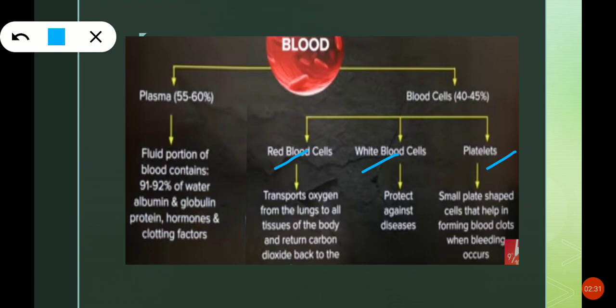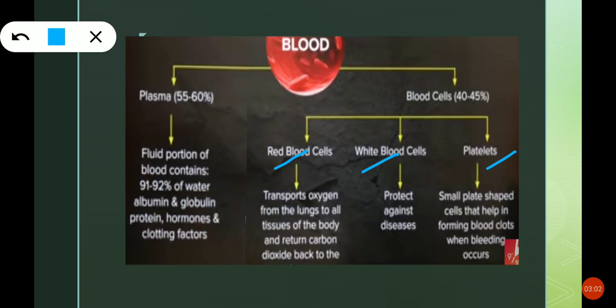So red blood cells can transfer the oxygen because of the hemoglobin present in them. Red blood cells transport carbon dioxide also, but only 23%, and the remaining percentage is transported by plasma.